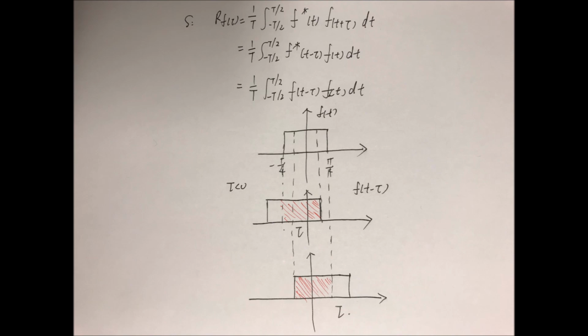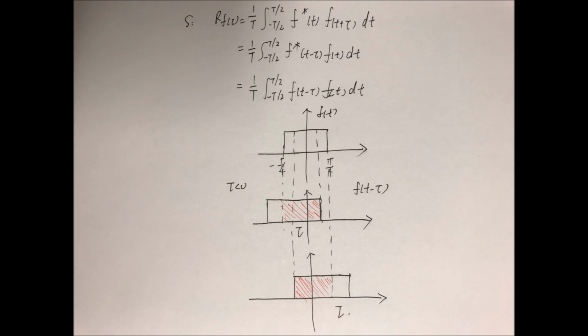In our textbook, it did this kind of variable change. We have the integral of f(t minus tau) f(t) dt.